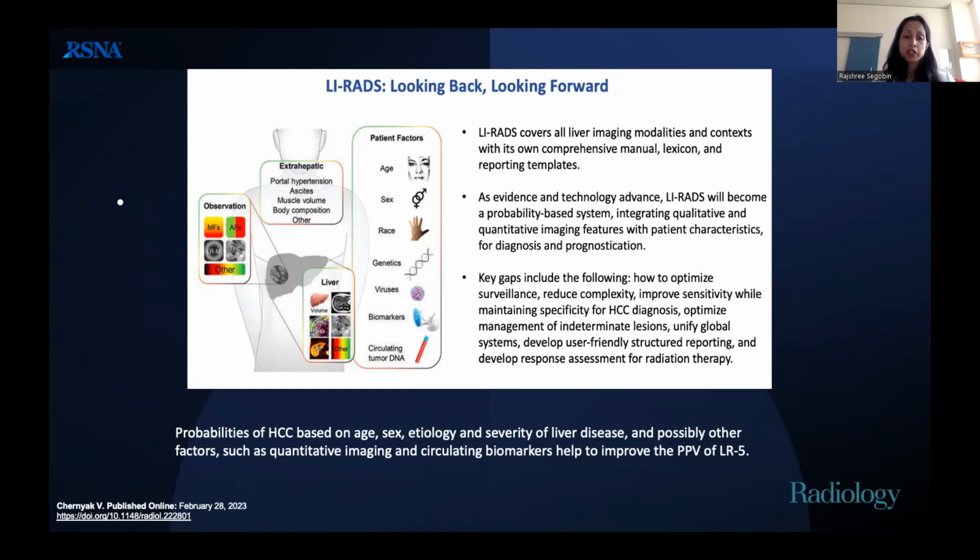And the probabilities of HCC now are also being assessed at a metabolomic level and a radiomics level. And we are using circulating biomarkers to help improve the positive predictive value of lesions labeled as LIRADS 5 lesions.